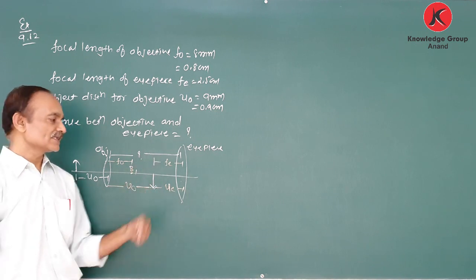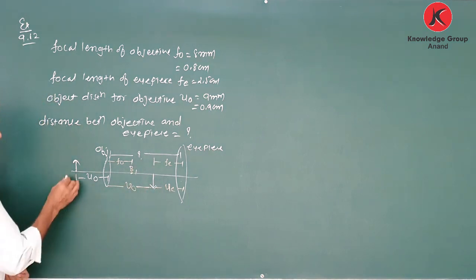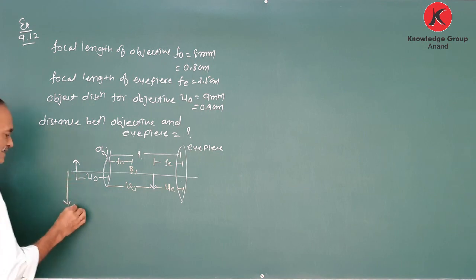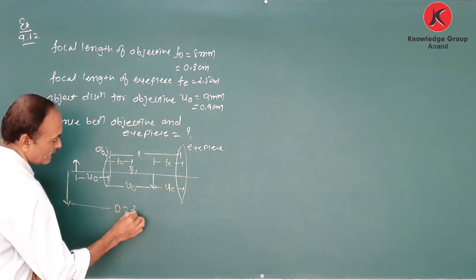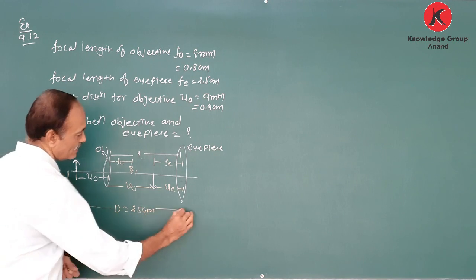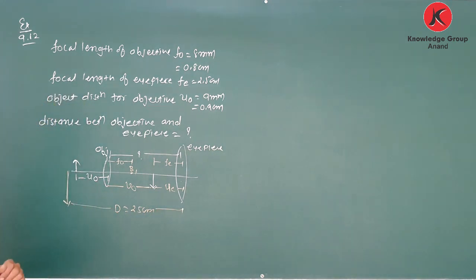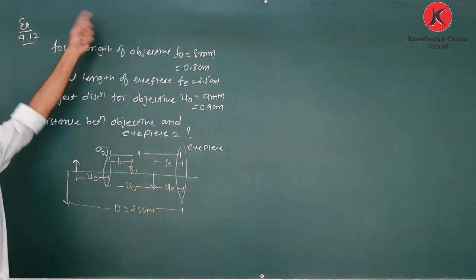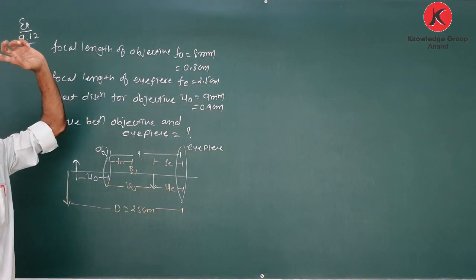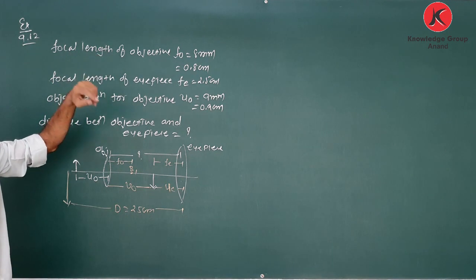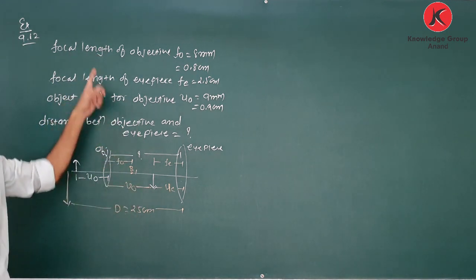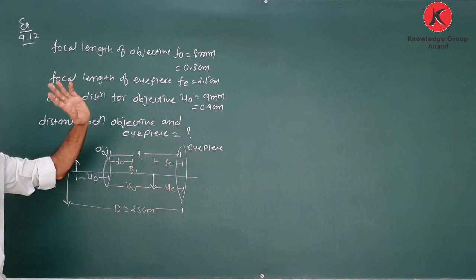For eyepiece, the final image is formed at distance D, and D is given as 25 centimeter, because in the question a person with normal near distance is given.